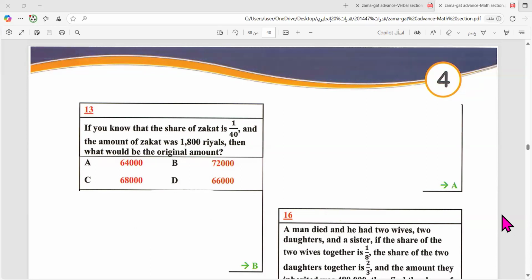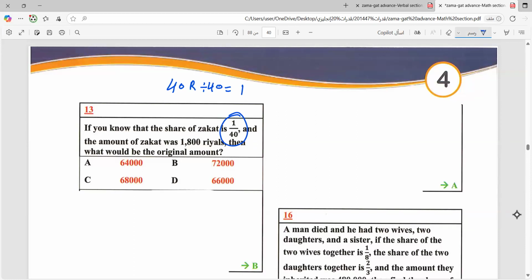Yes. What will it be here? If you want to find the zakat, you divide by 40. If you have 40 riyals, then to find the zakah we divide by 40, which equals 1 riyal.